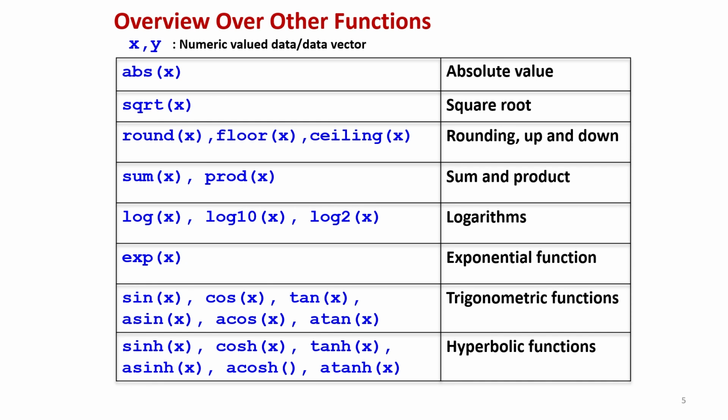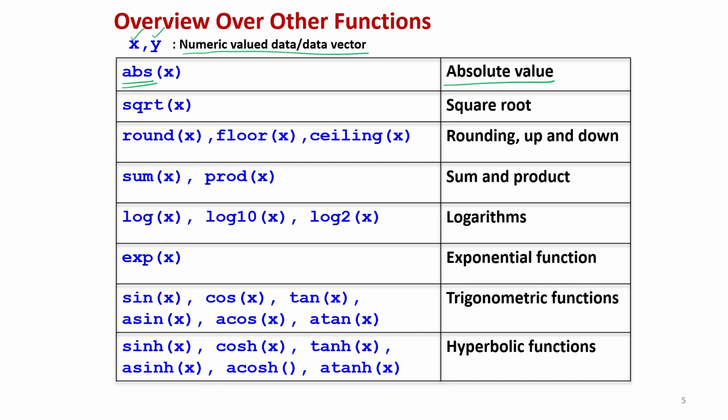Okay, I am giving you here a small list of the built-in commands which are used for different purposes. In both cases, I will assume that x and y are my two numeric data vectors or some scalars. We have a function abs, which is used to find the absolute value.